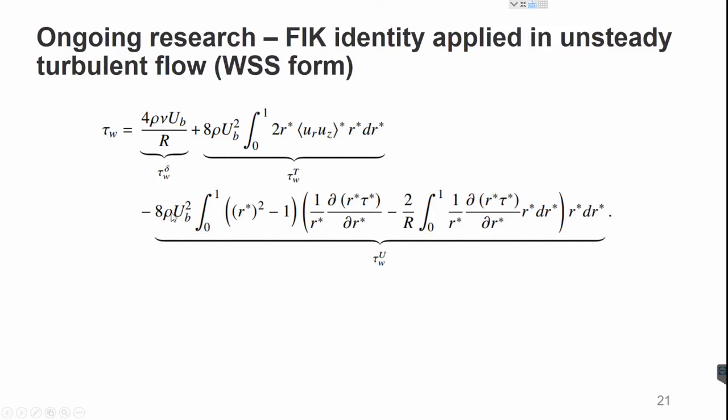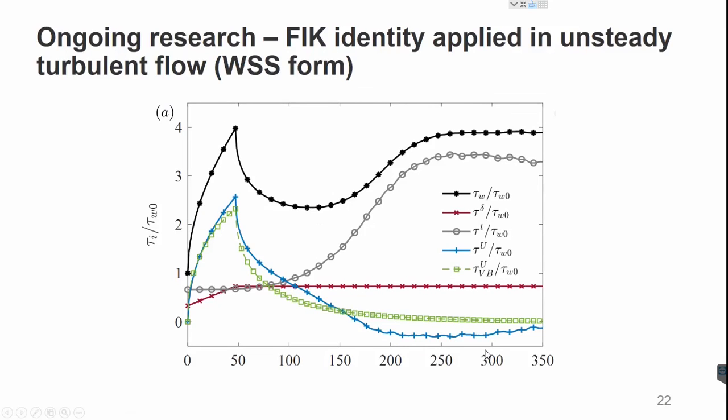To do that, we just multiply everything by 1/2 times rho UB squared, where rho is the density and UB is the bulk velocity. And yep, that's how we do it. And then we get similarly 3 terms. So the total shear stress as a function of time is equal to the laminar component, the turbulent component, and the unsteady component.